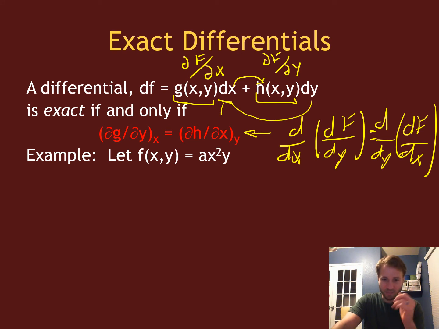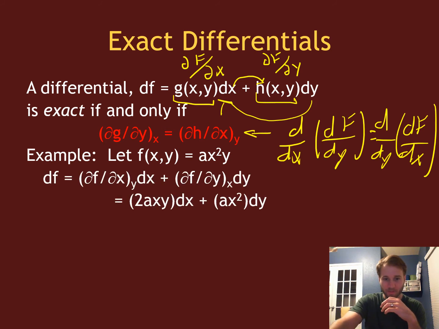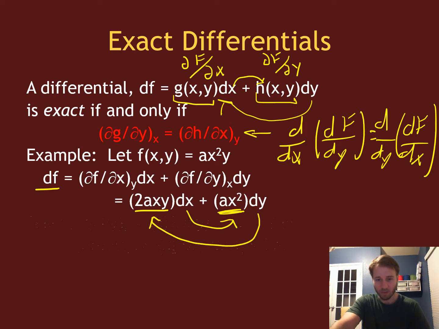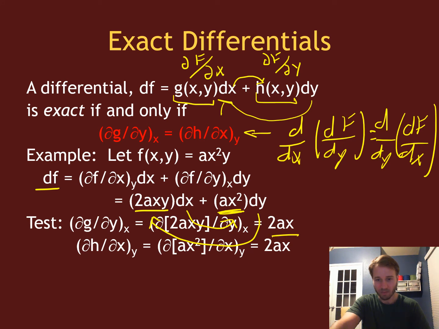For example, if f of x and y is a x squared y, the partial of f with respect to x is 2axy, and the partial of f with respect to y is a x squared. Taking the derivative of the first with respect to y and the second with respect to x, you get 2ax in both cases. Those are equal, so f here is a state function and has an exact differential.